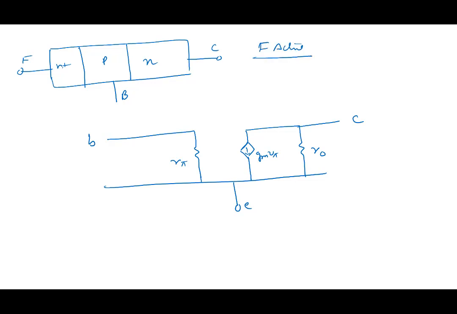Which junction is forward biased? Base emitter junction is forward biased, right? Base emitter diode is forward bias. Collector base junction is reverse bias, right? This is collector base junction.